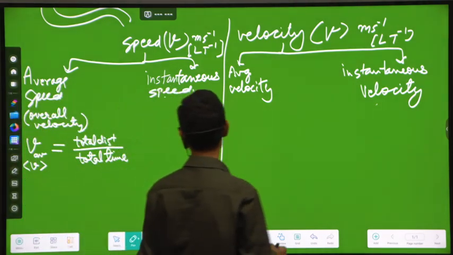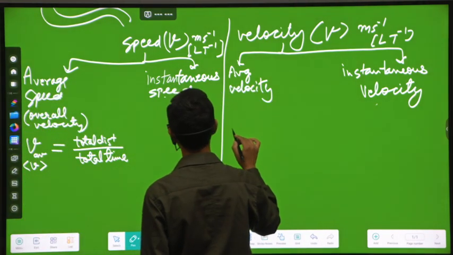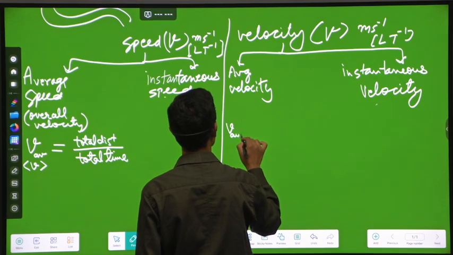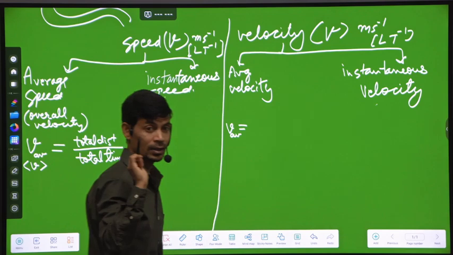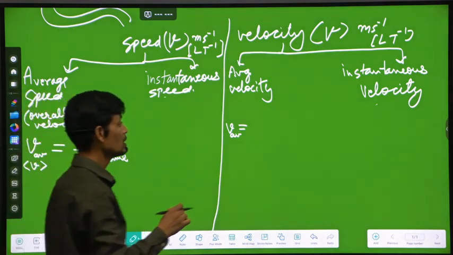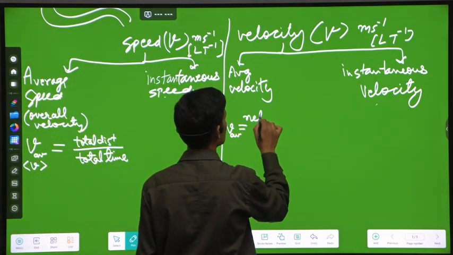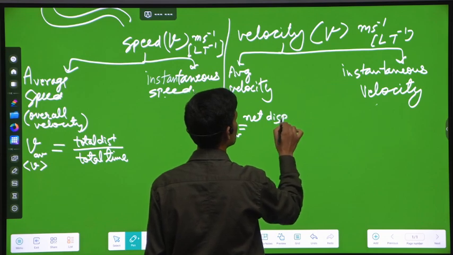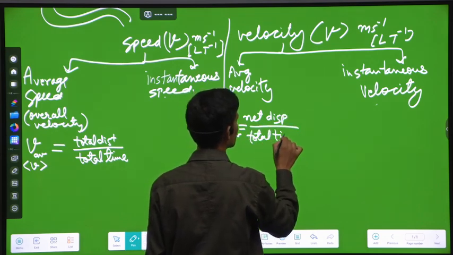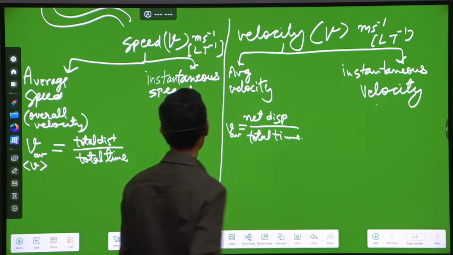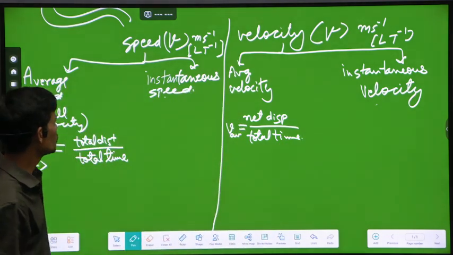Similarly, average velocity is, this time, net displacement upon total time.